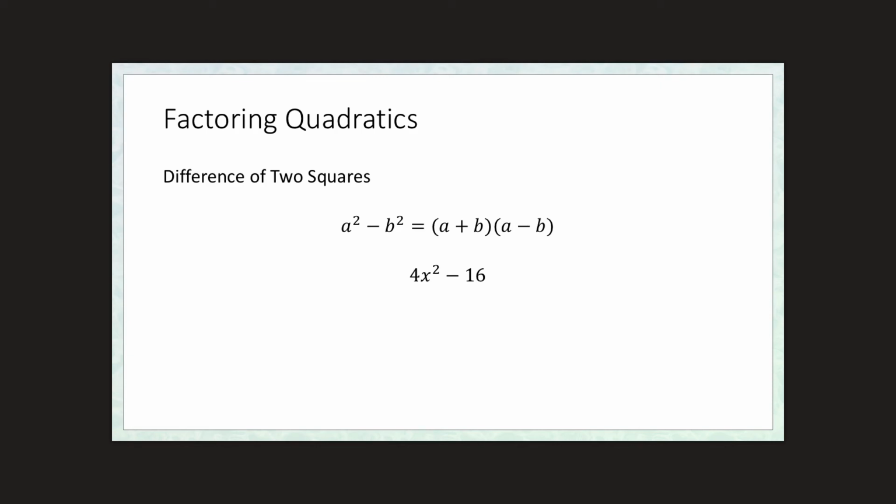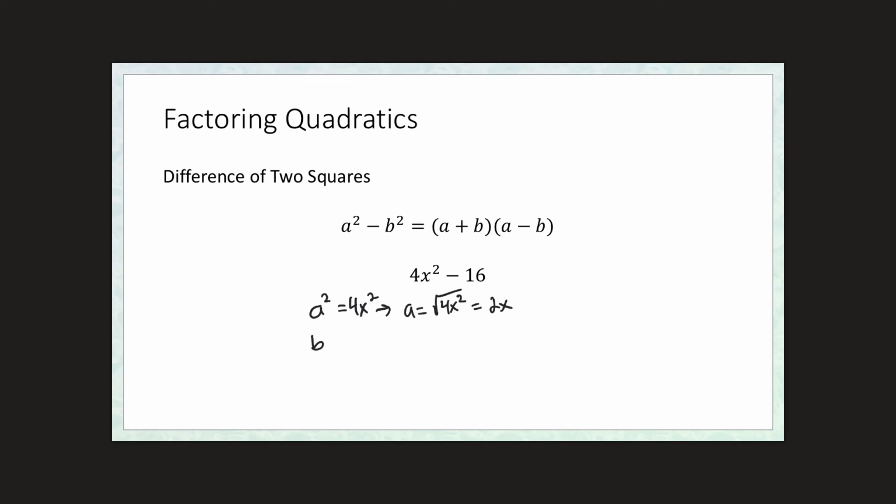So if we have 4x squared minus 16, well, my a squared in this case will be 4x squared. So if I'm going to solve that, I square root both sides. a would be the square root of 4x squared, which equals 2x.